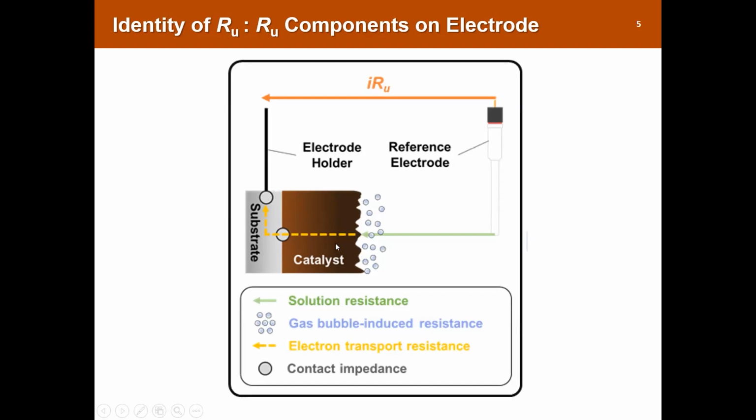And for gas evolving catalytic electrodes, like the hydrogen evolution reaction and oxygen evolution reaction, their product is bubbles. When bubbles are produced, they stay near the electrode surface and hinder ionic transport. So they increase the solution resistance at the interface, and they can also be reflected in the RU measurement.